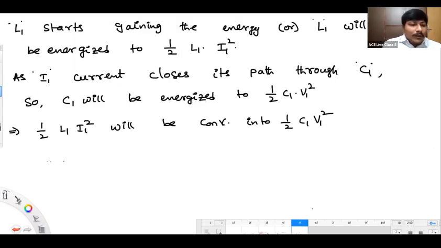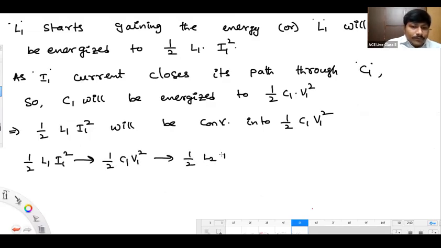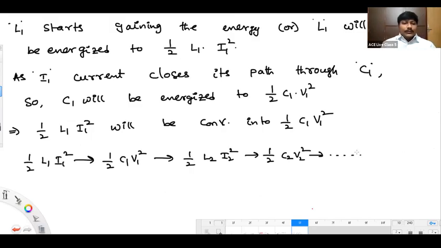So if you want, you can write as a statement: half L1 I1 square, just now you said, is getting converted to half C1 V1 square, and it's getting converted to half L2 I2 square and then converted to half C2 V2 square, and so on. That's the energy conversion happening.